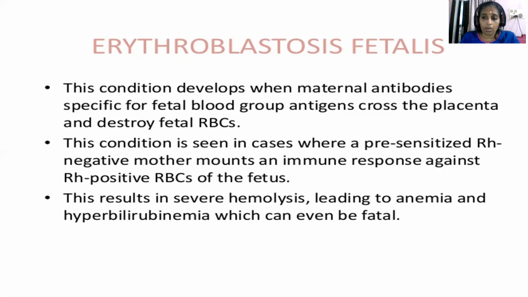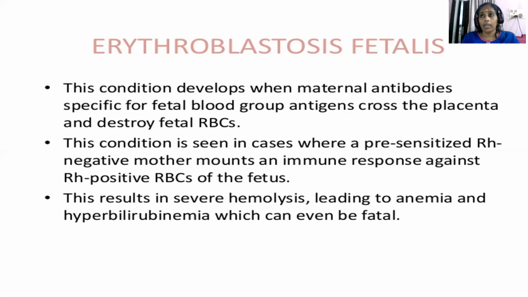But when the delivery occurs, naturally there will be a mixing of blood between the mother and baby. Soon after the delivery, because the baby is Rh positive and the mother is Rh negative, the Rh positive baby will give its antigens to the mother, so that the mother will develop Rh antibodies. So during the first delivery, the mother develops these antibodies.